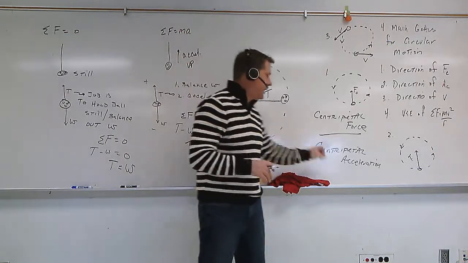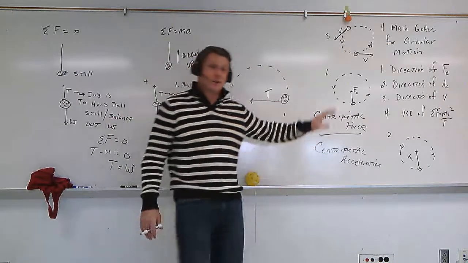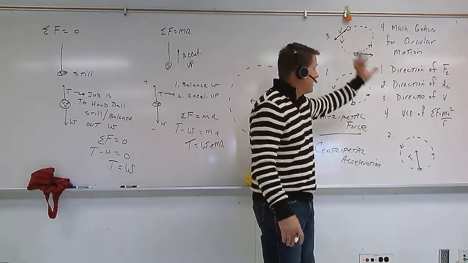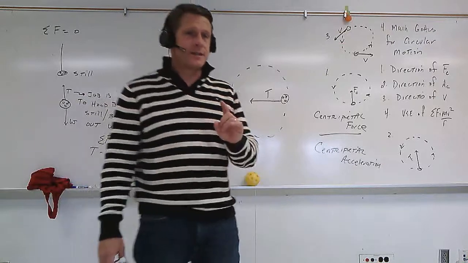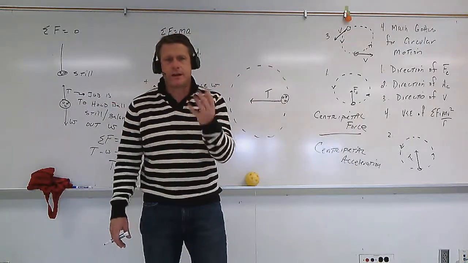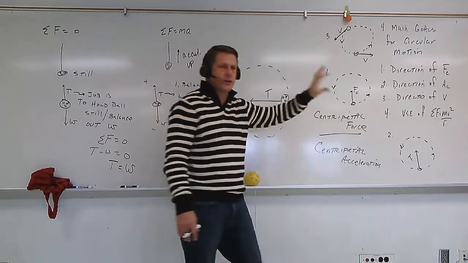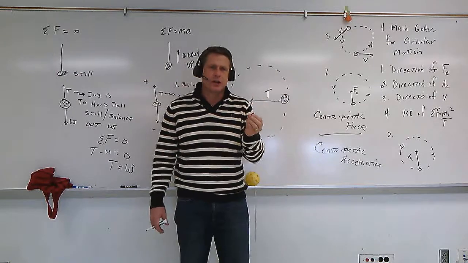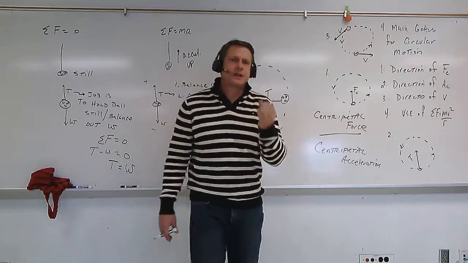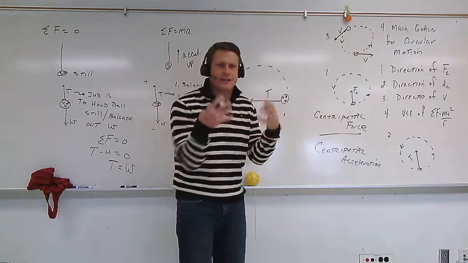Now, this type of acceleration, while not listed as one of our main goals here, because I like to keep this nice and simple, is much different than other accelerations. See, an object traveling in a circle can accelerate even if its speed is not changing. It's accelerating centripetally because its direction is constantly changing.